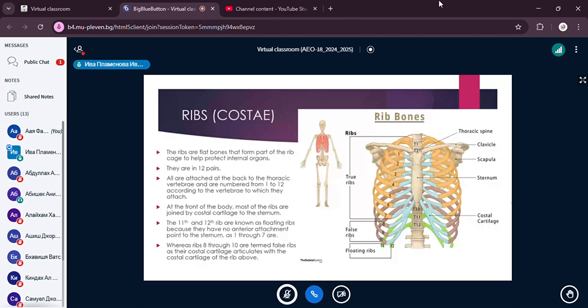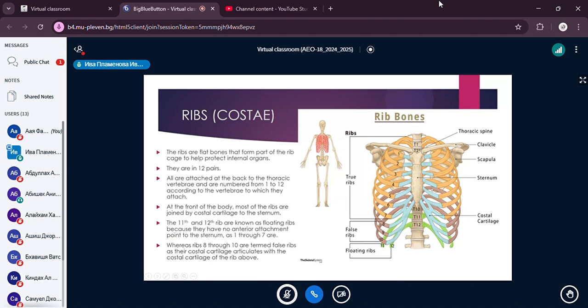Ribs. They are also flat bones, 12 pairs. They are attached at the back to the thoracic vertebrae.